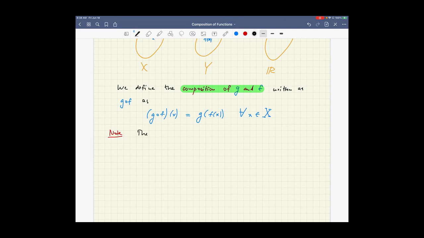So the composition g composed with f only makes sense when the image of f, the image of the internal function, is a subset of the domain of the external function, g.